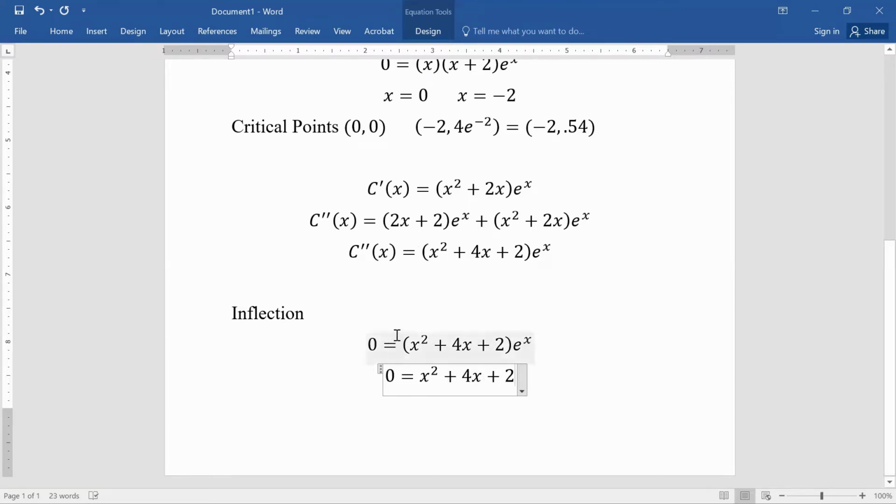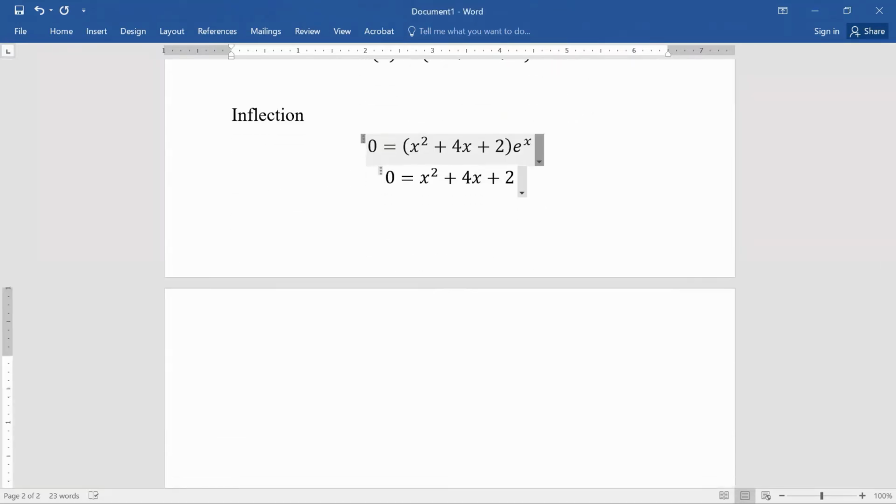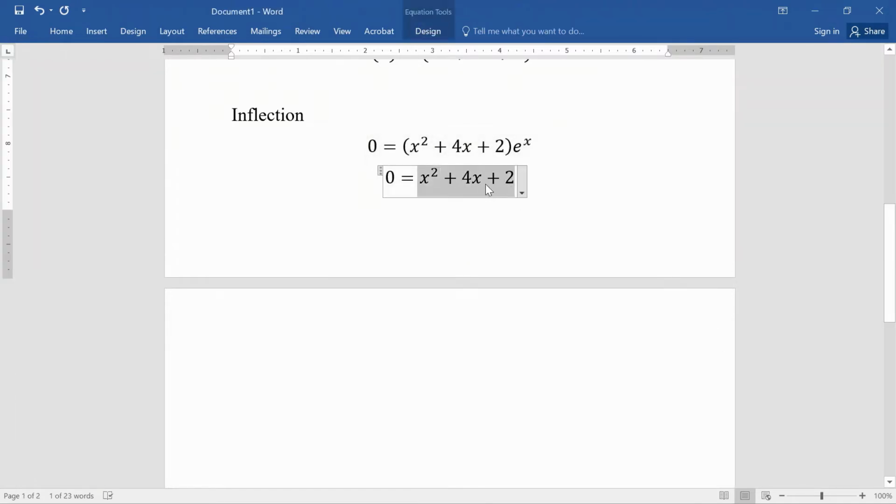You might say, well, this can't be factored, and that's right, this can't be factored. However, the solutions to this are, in fact, real numbers. You can use the quadratic formula, or completing the square, or graphing to figure out that the solution to this is -2 plus or minus the square root of 2.